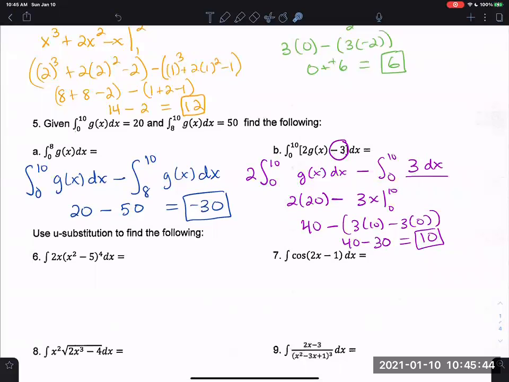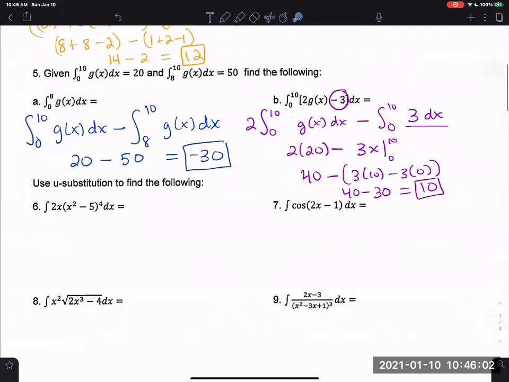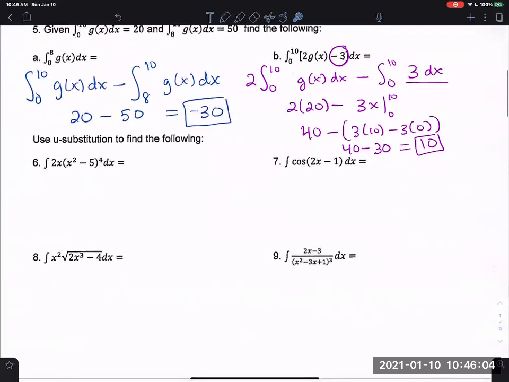Okay, so some of you may be doing it in that manner where you didn't have to split it up with the properties, but splitting it up with the properties sometimes keeps you from forgetting to actually take the integral of it, because a lot of people will take 40 minus 3 and then get 37 as their answer, which would be incorrect. Okay, just be careful with those.